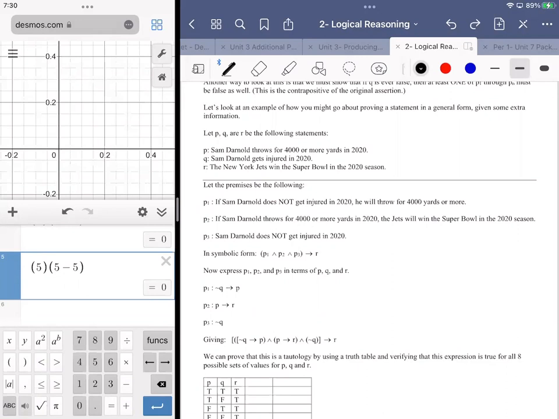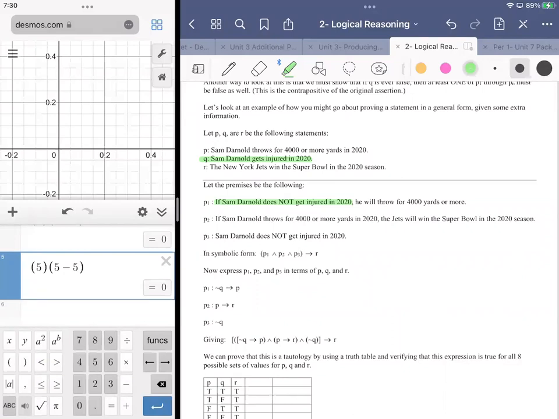Now, if I tell you that the premises are: if Sam Darnold does not get injured in 2020, so getting injured is related to the Q statement, then he will throw for 4,000 yards or more, right?